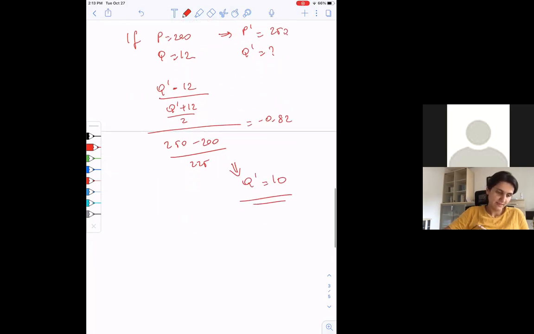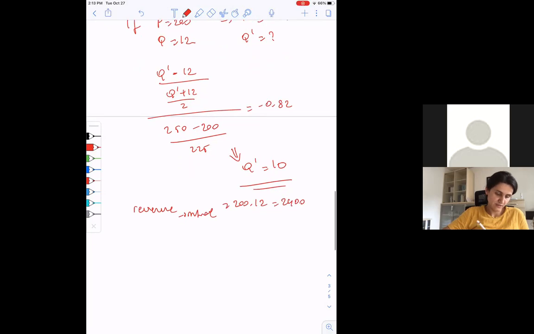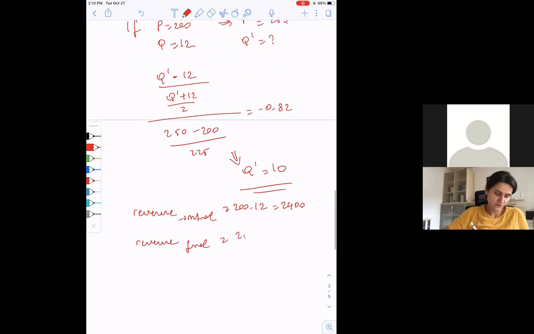Then you can calculate the initial revenue as 200 times 12, 2400. The final revenue is 250 times 10, 2500.